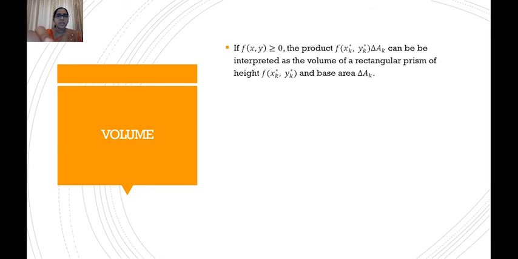So let's see how that will look in our picture. If we consider any region, and suppose that z is equal to f of x,y is greater than or equal to 0, that is, it lies above the xy plane. So how will the picture come out to be? Draw the three axes. One is the z axis, the other will be x, and the other one is y. In the previous case we had considered just the xy plane.